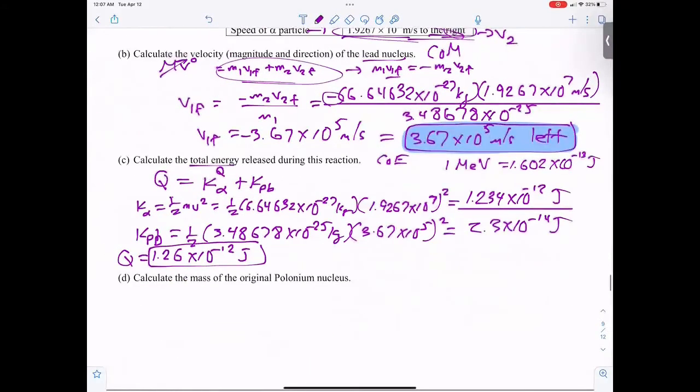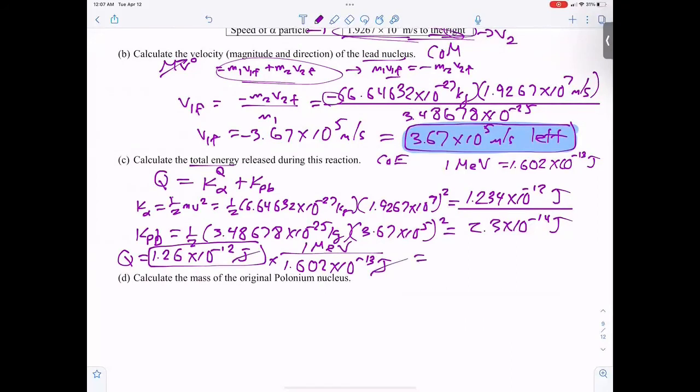That's the conversion between mega electron volts and joules. So if I divide by 1.602 times 10 to the negative 13 joules in 1 mega electron volt, I'm getting about 7.85 mega electron volts, right? That's a lot of energy.